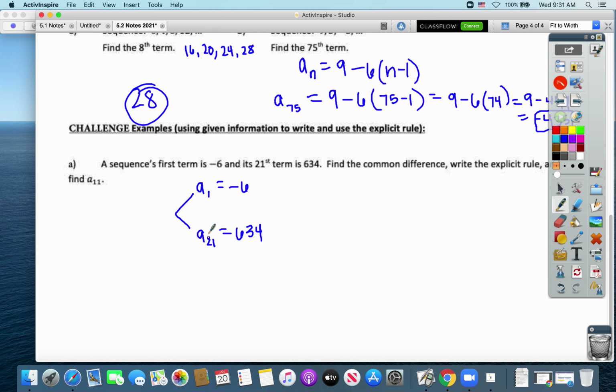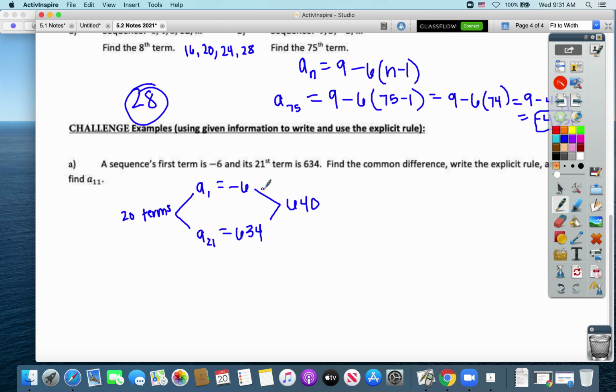But we know from the first term to the 21st term, we're going up 20 terms. And from -6 to 634, we are going up in value by 640.